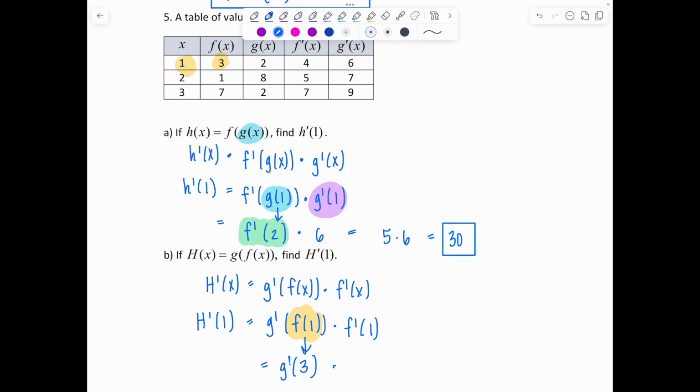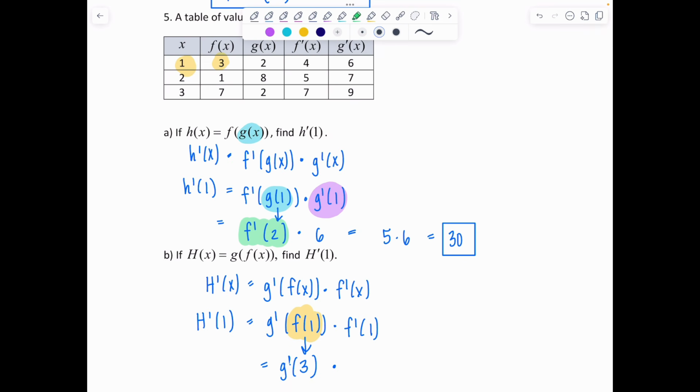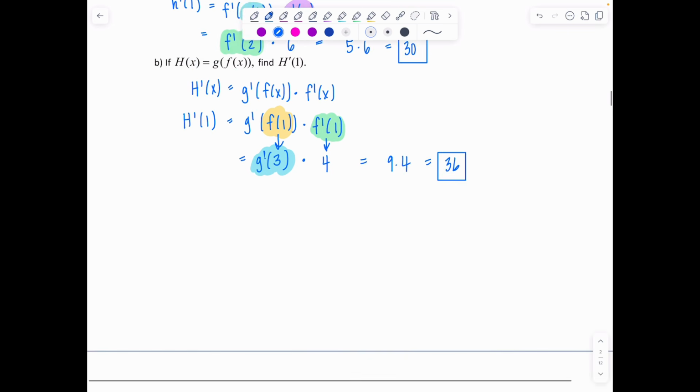And then I need f prime of 1, which is right there, it's 4. Okay, perfect. So what's g prime of 3? Here's 3. G prime of 3 is 9. So this is going to be 9 times 4, which is 36. Yay, perfect. Nice job.